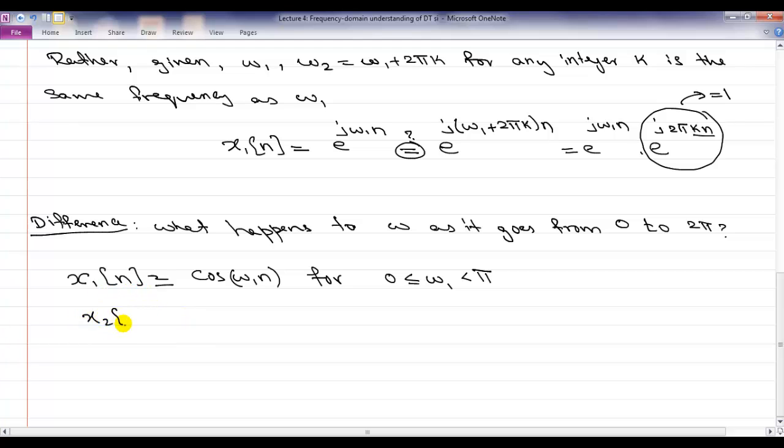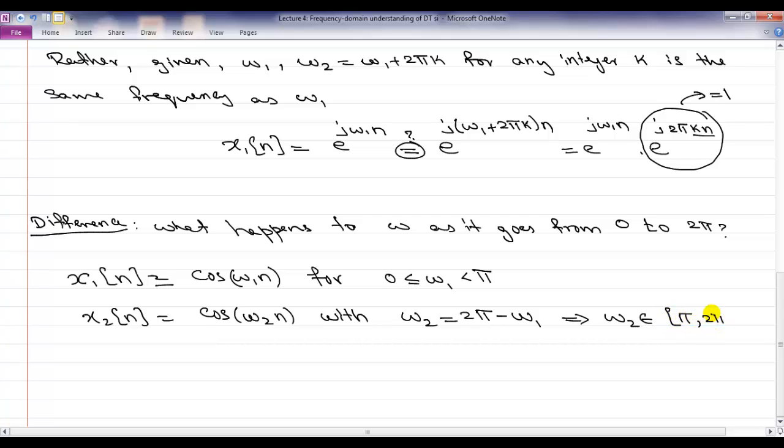And let's take x2 of n equal to cosine of omega 2 n with this condition that omega 2 is defined as 2 pi minus omega 1. So if omega 1 is between 0 and pi, omega 2 is between pi and 2 pi then. Okay. So we have here the situation that omega 2 is bigger than omega 1.